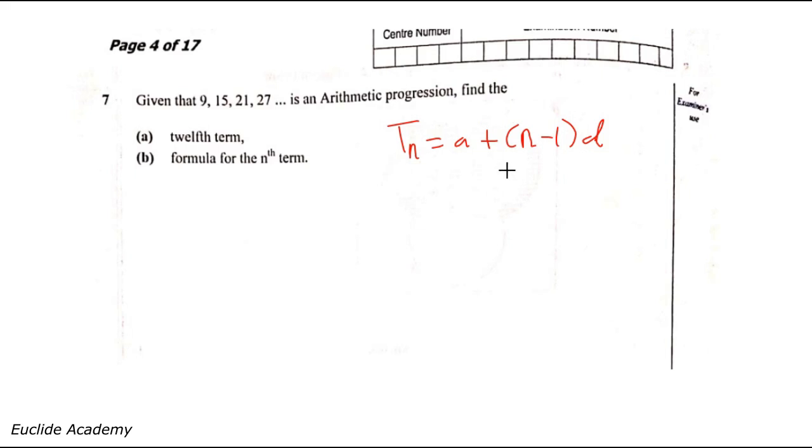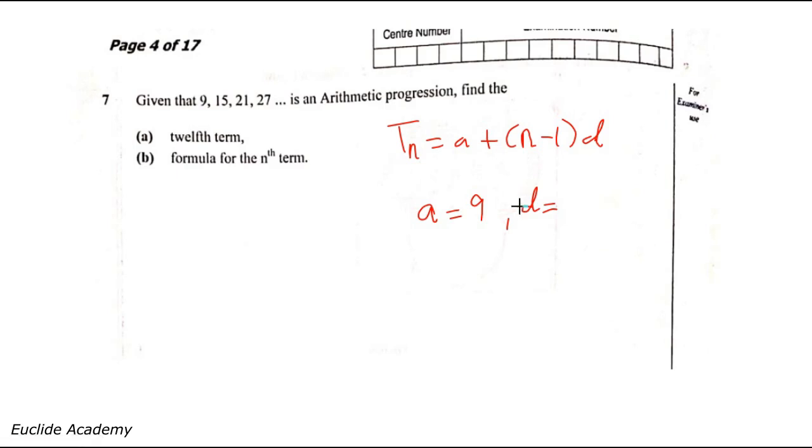If you haven't done arithmetic progression before, we have done this in class, from our online tuitions, if you are part of online tuitions, and we know what a and n and what d means. So a is the first term of this progression, which is 9, and d stands for the common difference. So this is where we do a little bit of work.